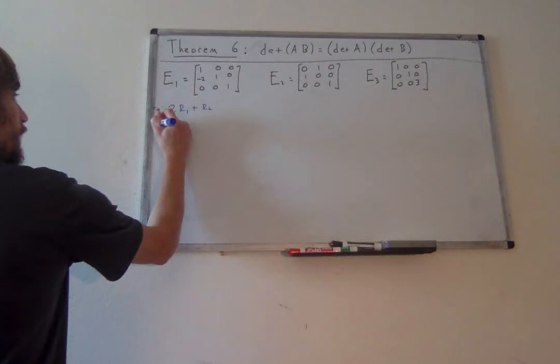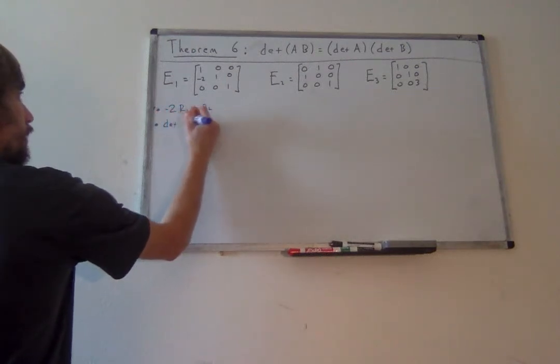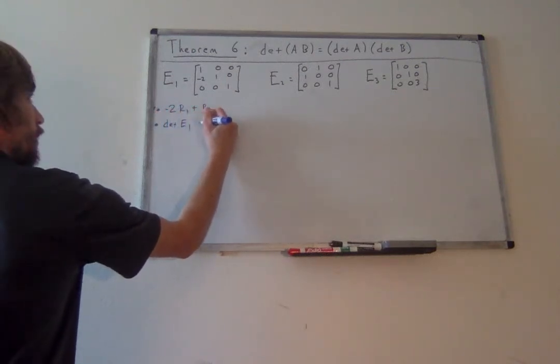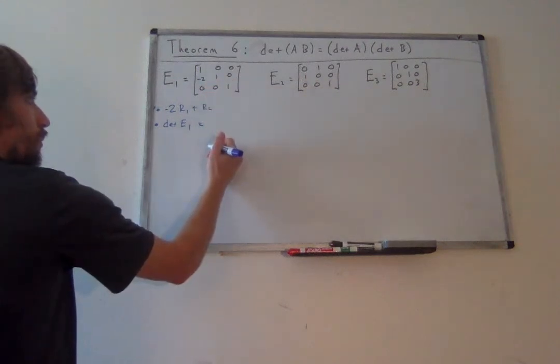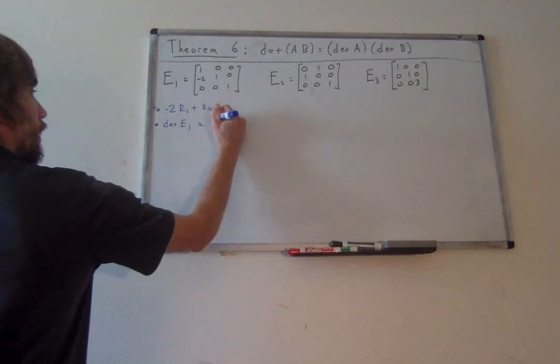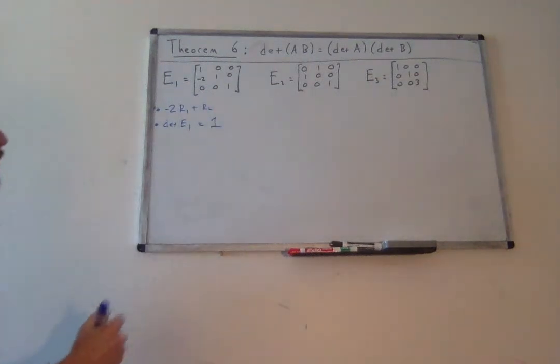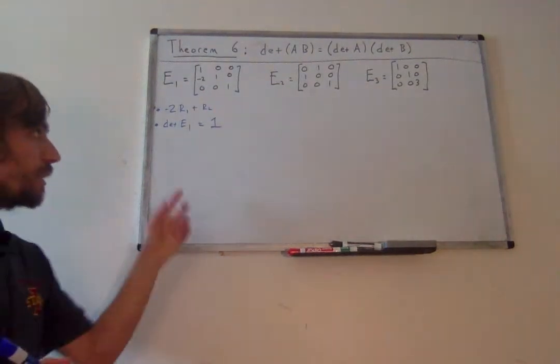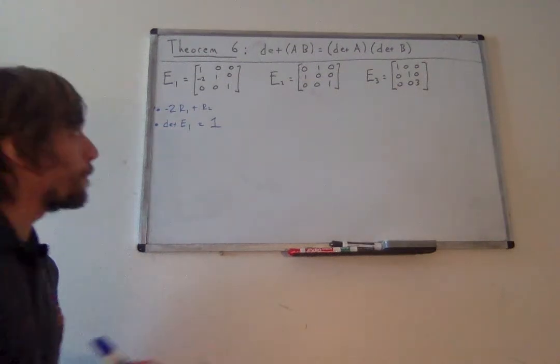Well, notice that E1 is a lower triangular matrix, and therefore its determinant is just the product of its diagonal entries, which is equal to 1. So keep that in mind.